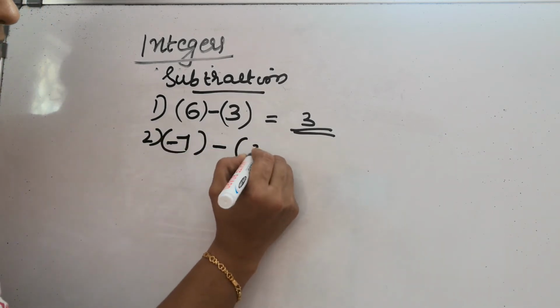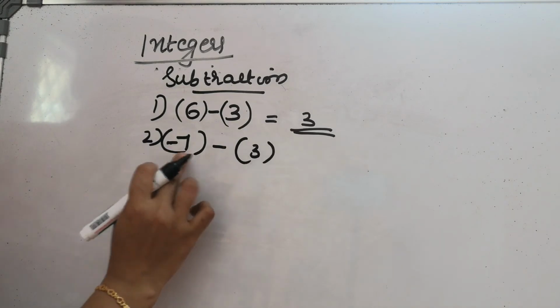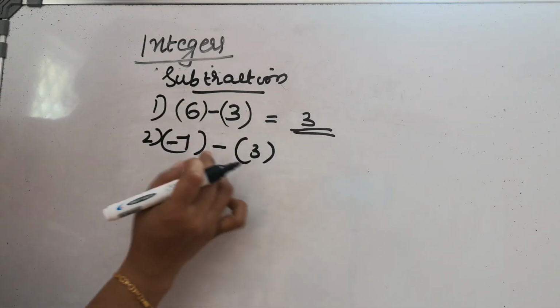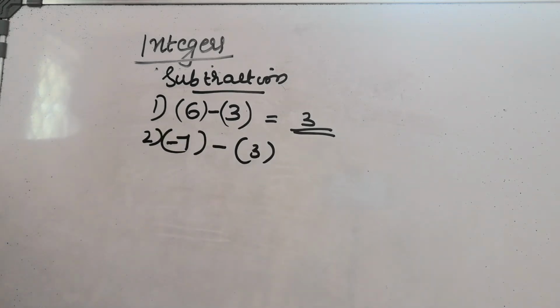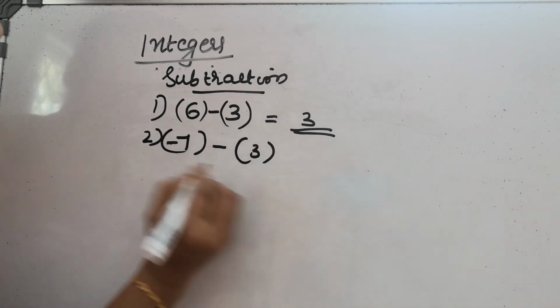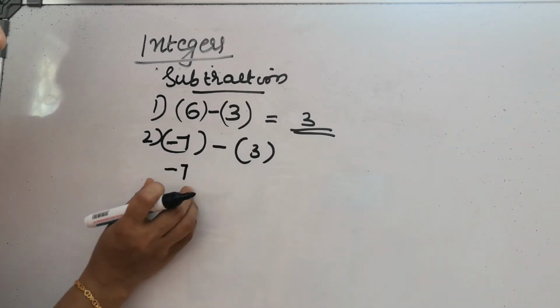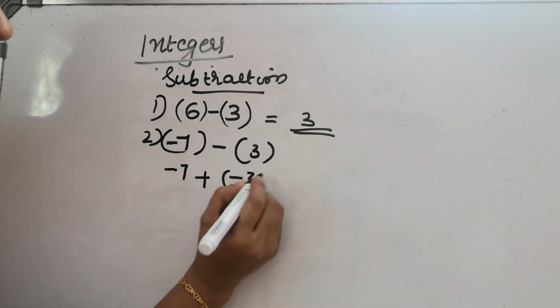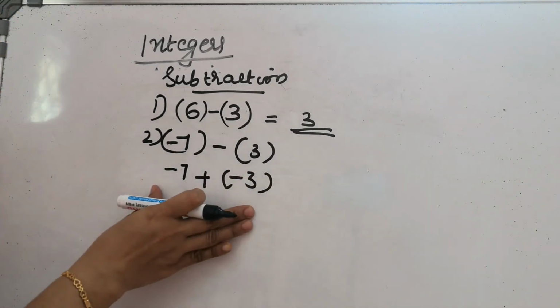7 subtract with the 3. Negative 7 subtract with the 3. In the case of subtraction, we have to find the additive inverse. Then the next step, we write negative 7 like this, and we put the positive sign and negative 3. This is the correct step.